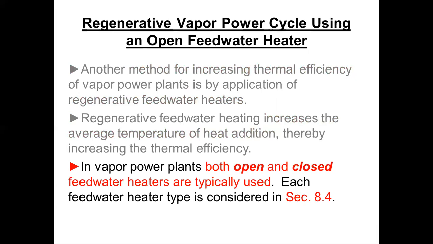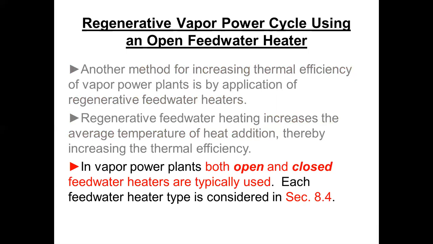I don't have a number off the top of my head, but it's very small. So we strip most of it out in the deaerator, and there's often some chemical addition. There are chemicals called oxygen scavengers that will grab onto any oxygen molecules that might be left in that feed water and bind them up chemically so that they are not corrosive.